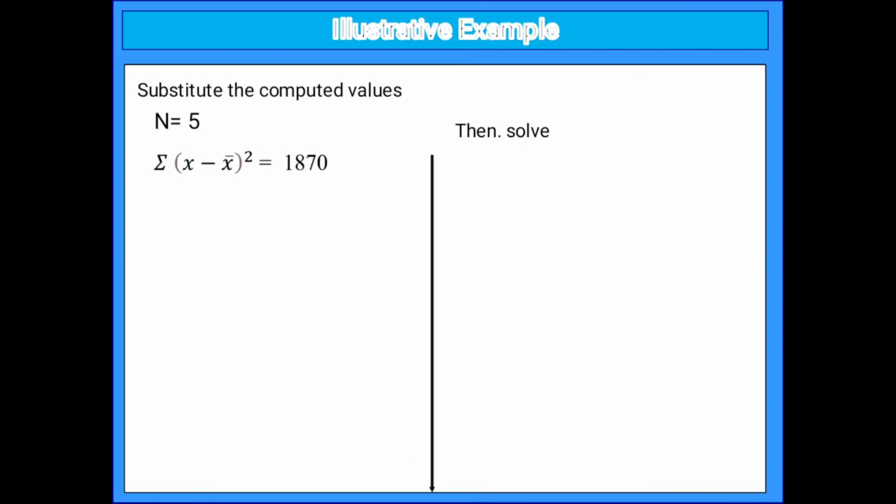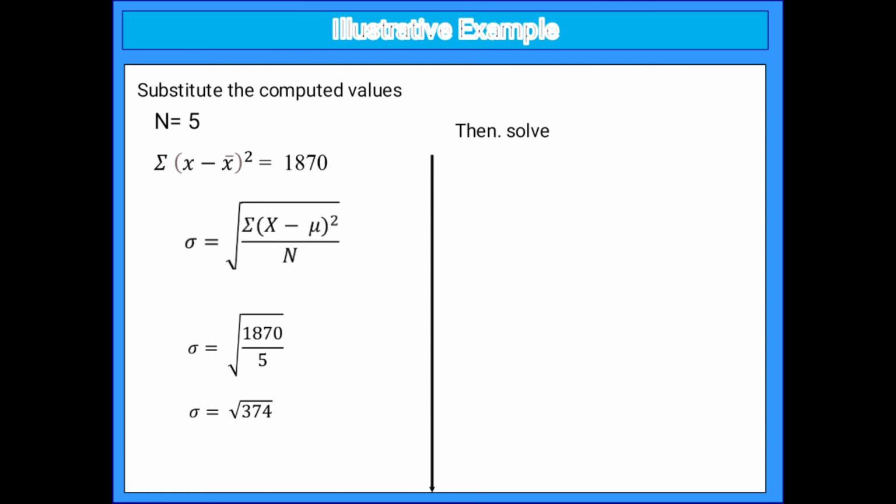Alright, so we already computed the value of the summation. The summation of X minus the mean, squared, is equal to 1870, and n is 5. So we need to substitute the computed values, and then we are going to solve for it. We have the square root of 1870 divided by 5, which is the square root of 374. Then substitute it to our given formula, which is 3 times the quantity mean minus median over the standard deviation.